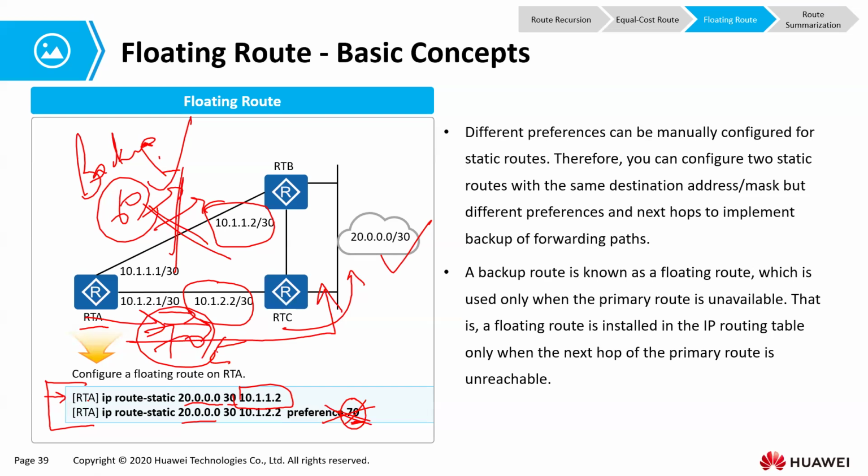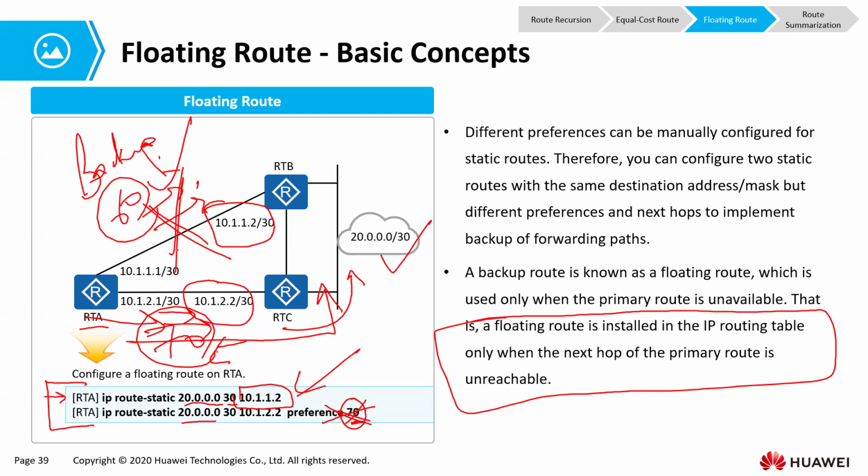So a floating route is basically a route backup. Correction. A floating route is installed in the routing table only when the next hop of the primary route is unreachable. So rinenge riri routing table E1 iri. But as soon as this one fails, this one rinobva raiswa routing table because ndo rinenge rine the next best preference.